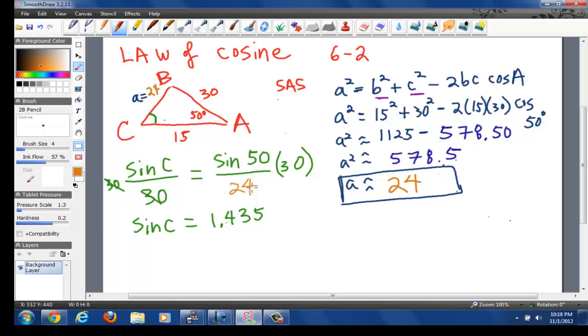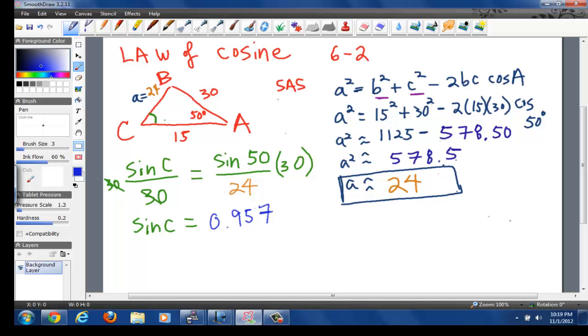It dominoes to something else, and it's actually 0.9575.